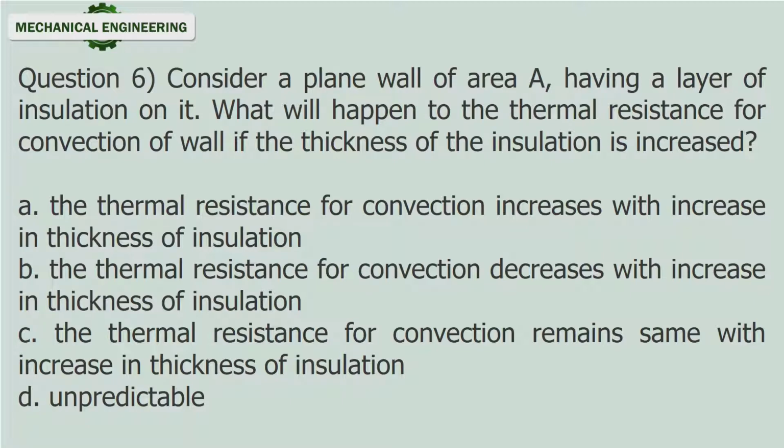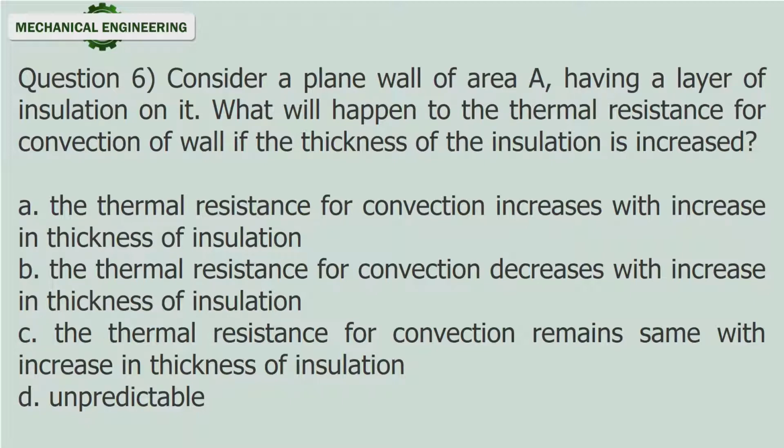Question 6. Consider a plane wall of area A, having a layer of insulation on it. What will happen to the thermal resistance for convection of the wall if the thickness of the insulation is increased? A. The thermal resistance for convection increases with increase in thickness of insulation. B. The thermal resistance for convection decreases with increase in thickness of insulation.